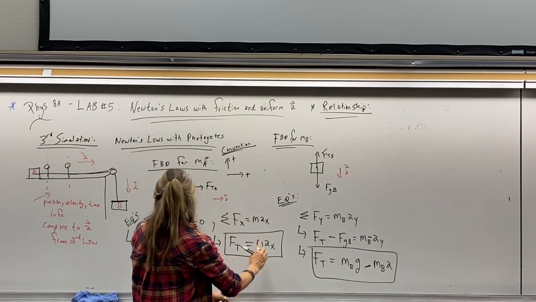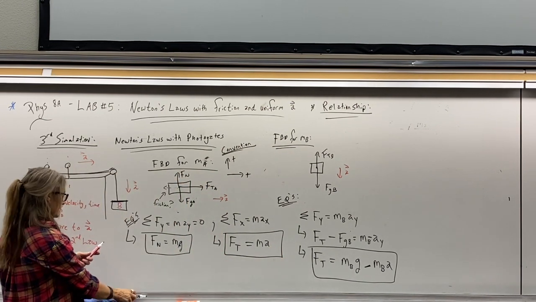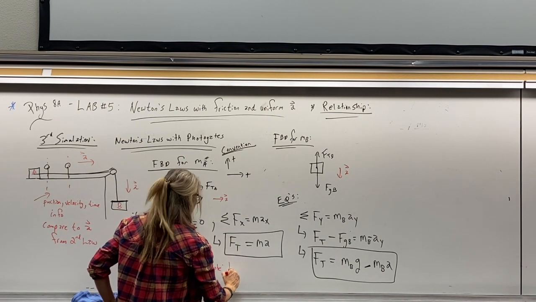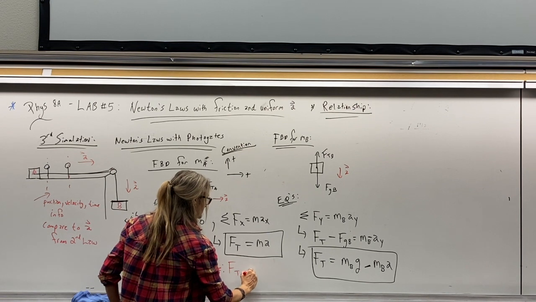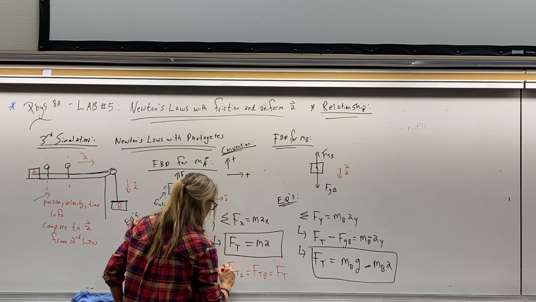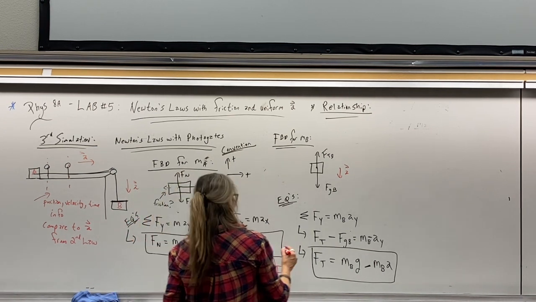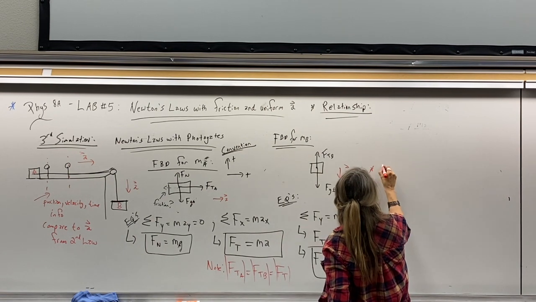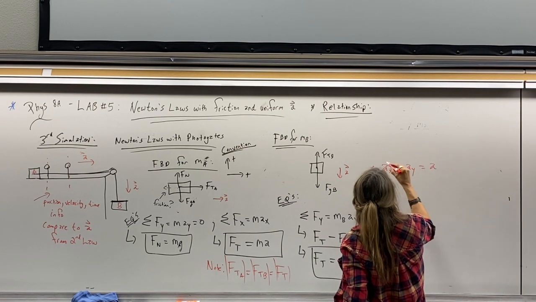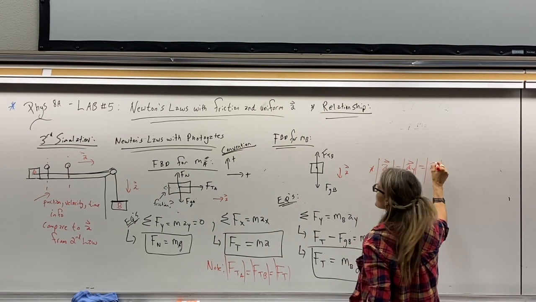And this acceleration, I'm just going to say is the same, because what we note here is the same conclusion, that F_T on A equals F_T on B, that the tension force is equal in magnitude for both of them, and also the acceleration is equal in magnitude for both of them, even though they're in different directions.